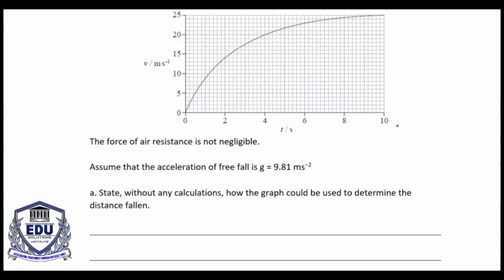State with a calculation how the graph should be used to determine the distance fallen. This is the velocity-time graph, so to find the distance, we find the area under the line. The area under the line will give us the distance that was traveled.